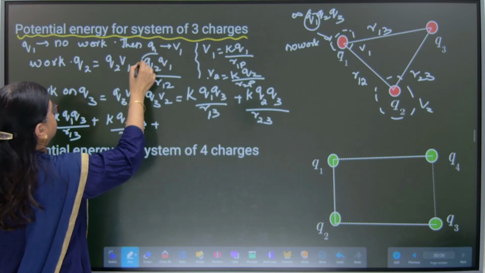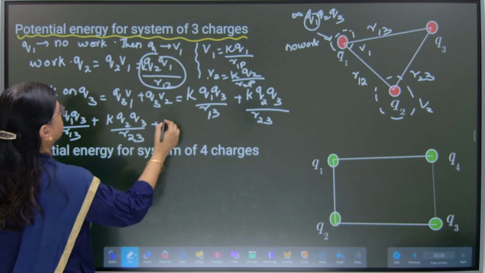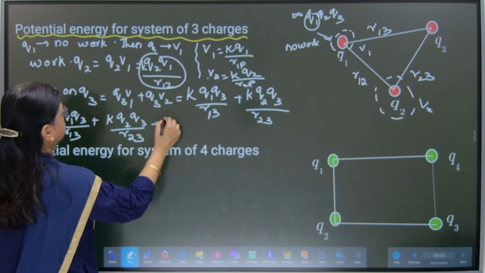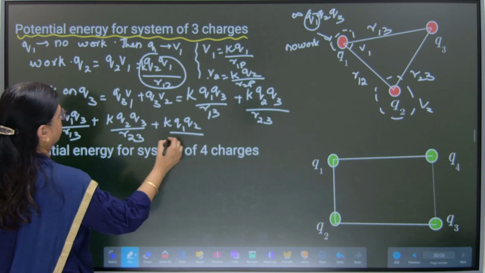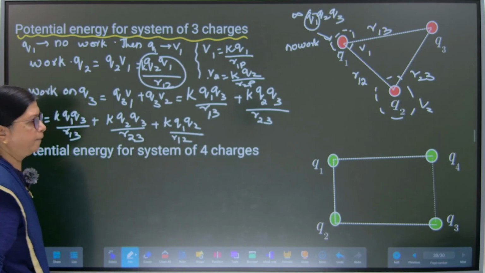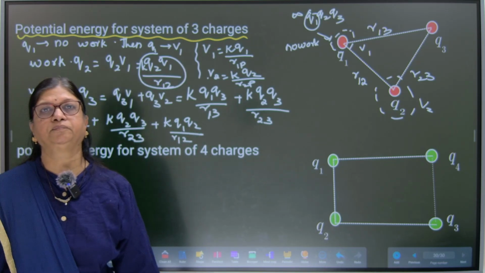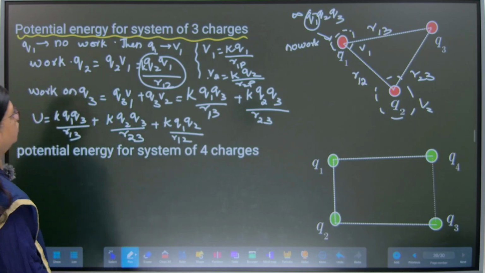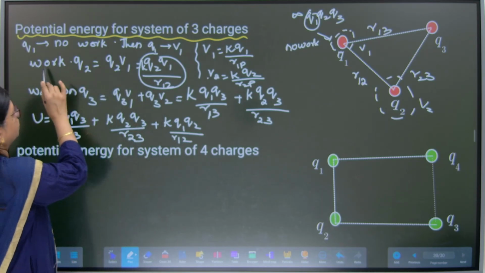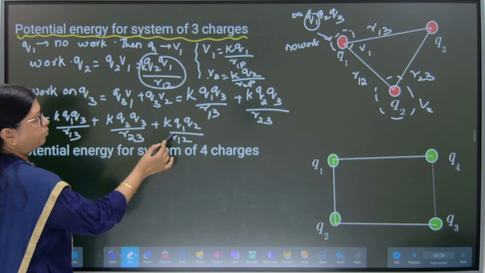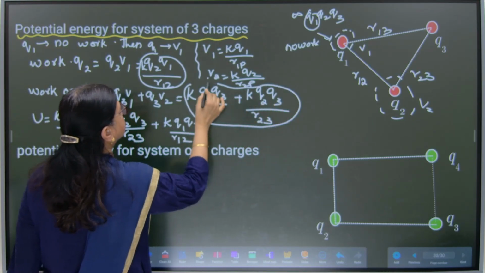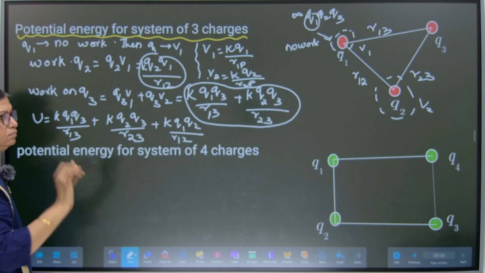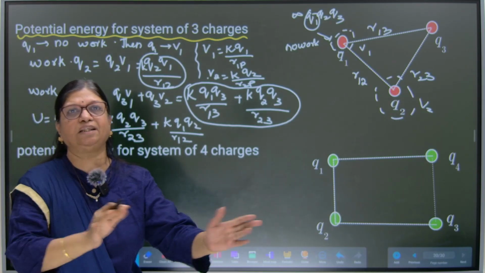Plus this potential energy K Q1 Q2 upon R12. So I can change the sequence.